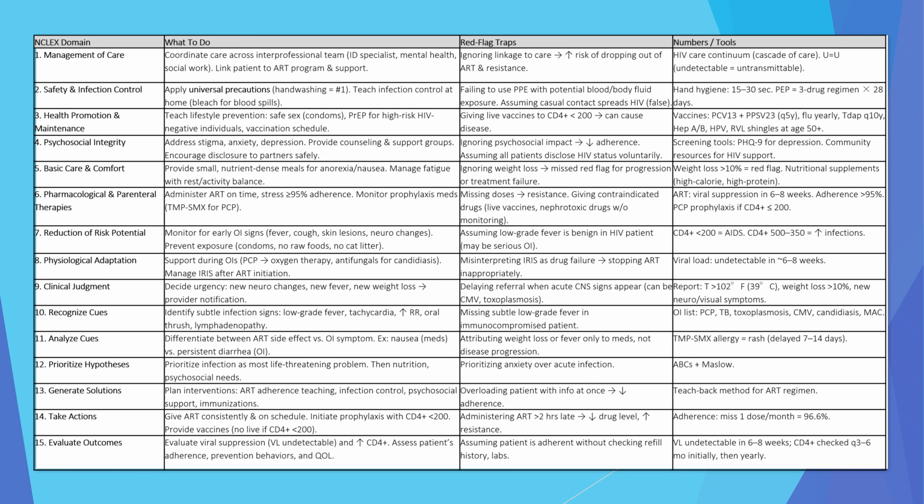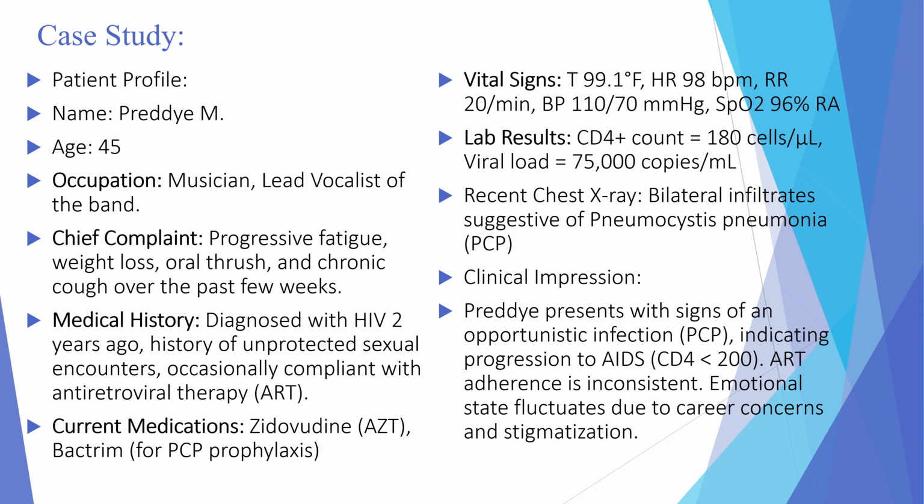Okay, so now we go next. Here is my hypothetical case study. A male, 45, with progressive fatigue, weight loss, oral thrush, and chronic cough over the past few weeks. Medical history: diagnosed with HIV 2 years ago, history of unprotected sexual encounters. Current medication and PCP prophylaxis.